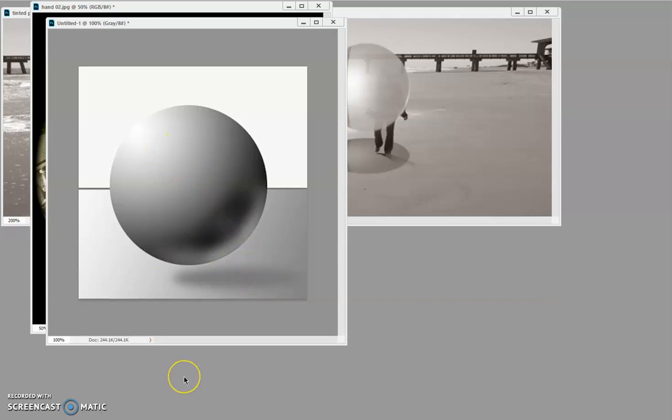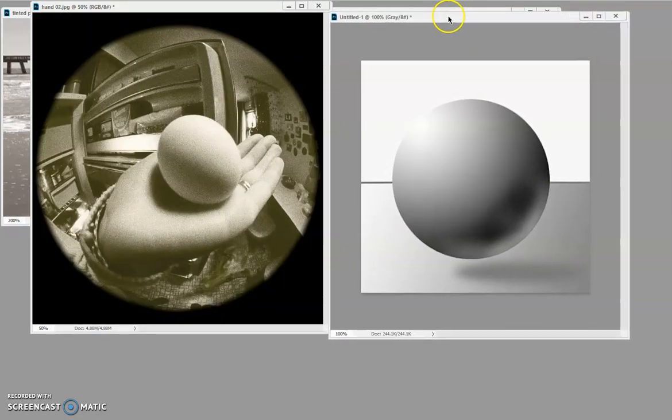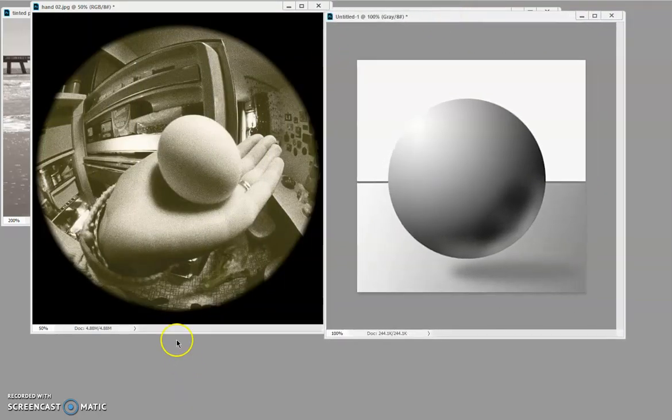Now, that's a drawing I made in Photoshop. You don't have to have a drawing, though, to see that. This photograph pretty much shows us the same thing. On the egg, instead of a ball, we have the cast shadow, the highlight, the core shadow, the reflected light. All of that appears naturally.